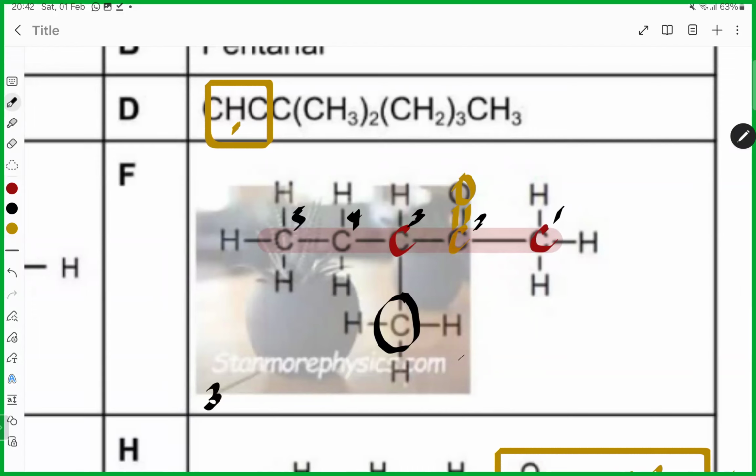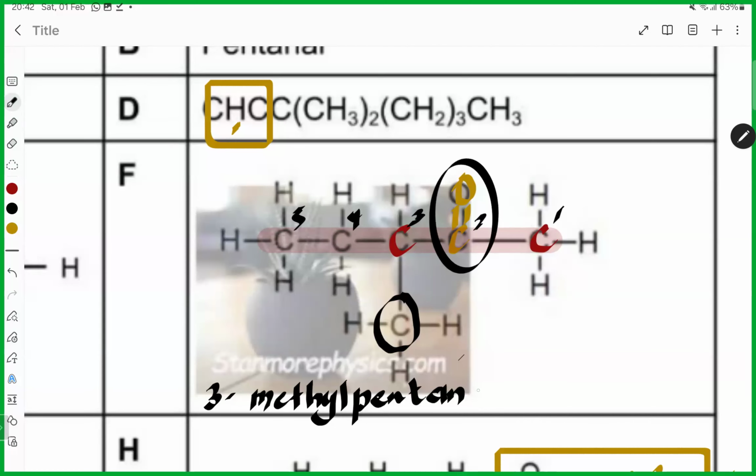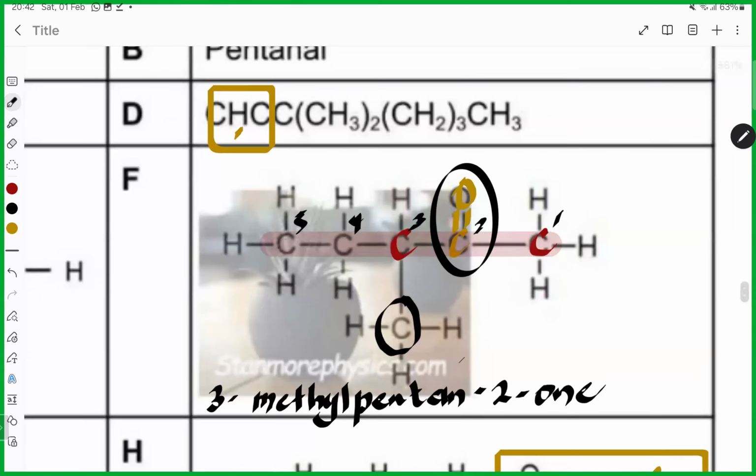So 3 methyl. 5 is pent, so it's pentan. Then the position of the carbonyl group, 2 one. 3 methyl pentan 2 one.